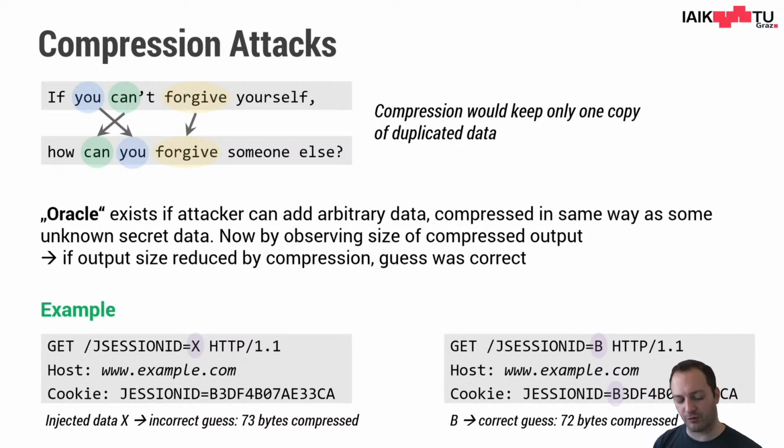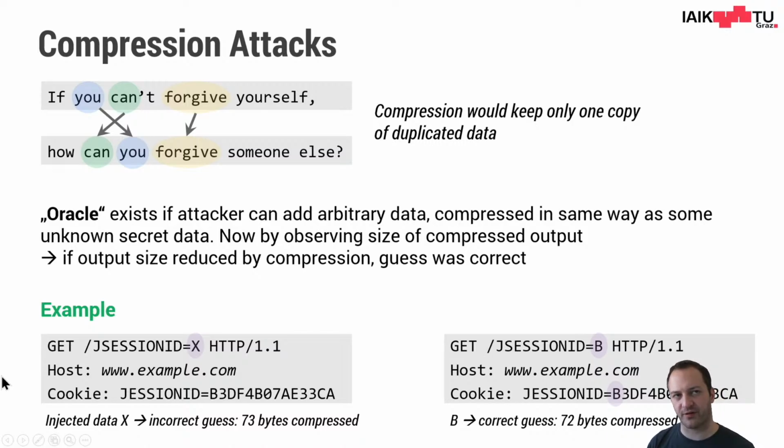To make it more visible, a quick example. Within compressed data, you can have, for example, a statement like this one: if you can't forgive yourself, how can you forgive someone else? So if you compress this, of each of these words, you'd have only one copy. Such a padding or compression oracle exists if an attacker can add data, and then it's compressed in the same way. So for example, let's say there is such a request, like the one in the example on the left here.